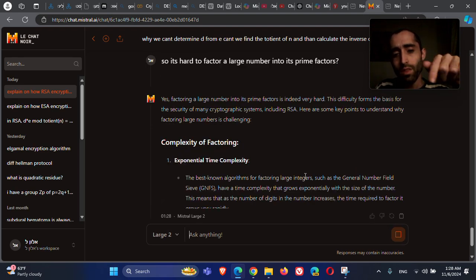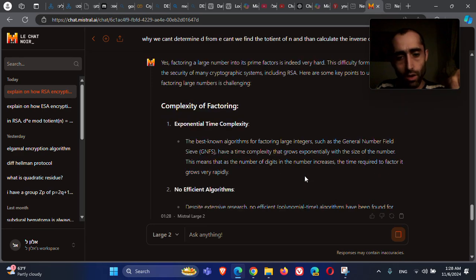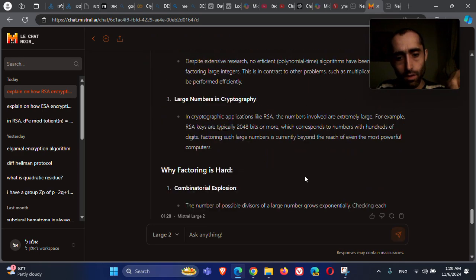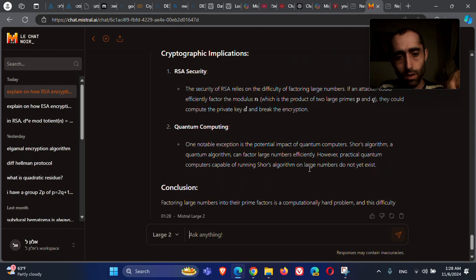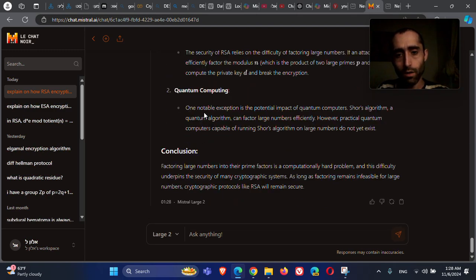I think there is something in quantum computing that is maybe helpful. There is Shor's algorithm. One notable extension is the potential impact of quantum computers. Shor's algorithm, a quantum algorithm, could factor a large number efficiently.